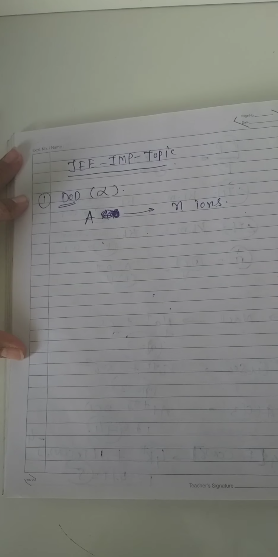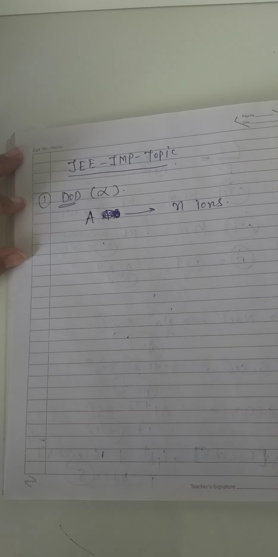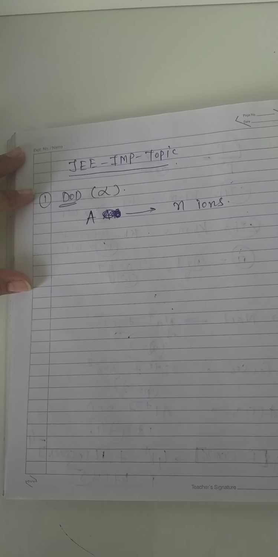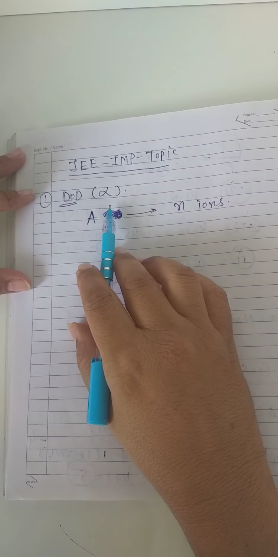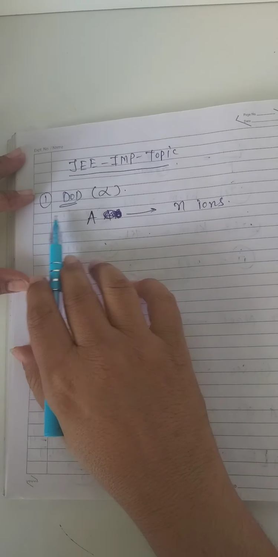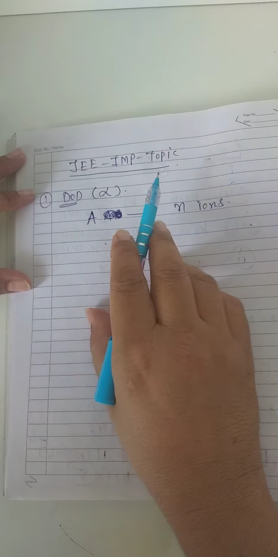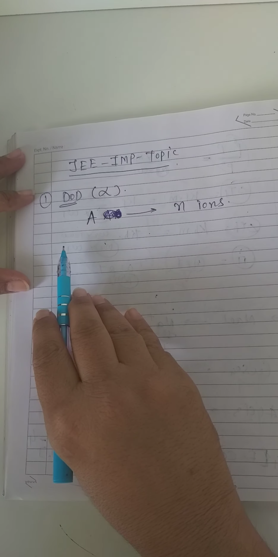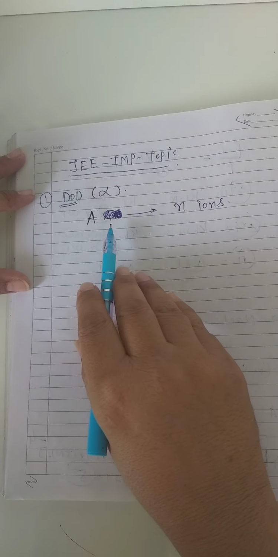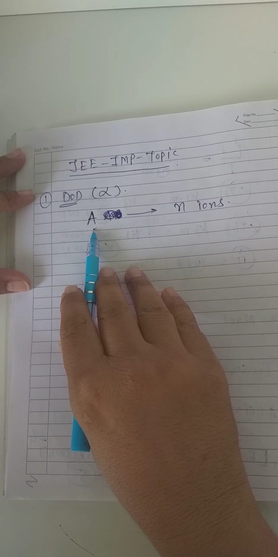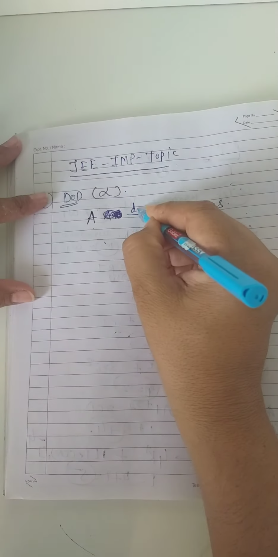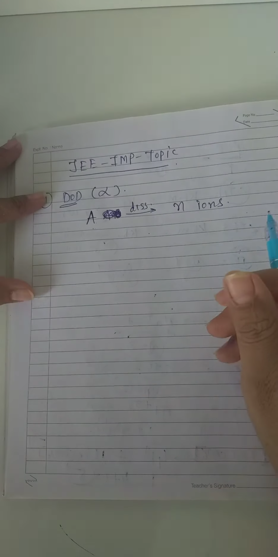Okay, now with this we have to discuss one important JEE or NEET topic that is mostly useful in numericals. Degree of dissociation is alpha. We want to discuss the degree of dissociation alpha and derive the formula for alpha. Suppose we have taken a compound A and it dissociates into ions.